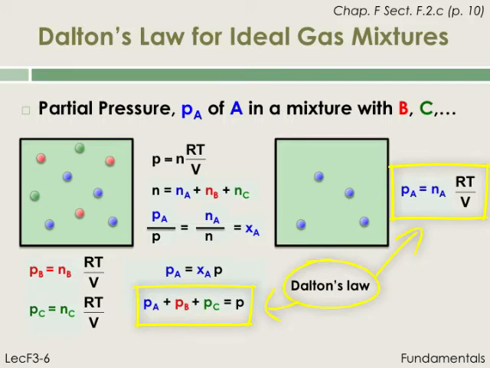Another way to make use of this relationship is to use the same equation for A, B, and C. For example, we can write P sub B is equal to N sub B times RT over V, and P sub C equals N sub C times RT over V. When I add PA plus PB plus PC, what I'm really doing is putting NA plus NB plus NC, all times RT over V. That would be equal to the total pressure P. So if we take any one of those, let's say PA, which is NA RT over V, and we divide by P, which is NA plus NB plus NC times RT over V, all we're going to have left is NA over N, N being NA plus NB plus NC.